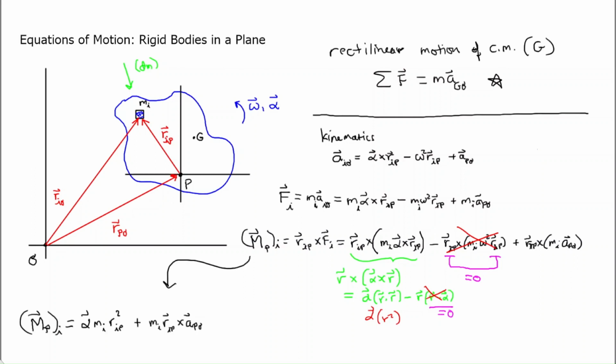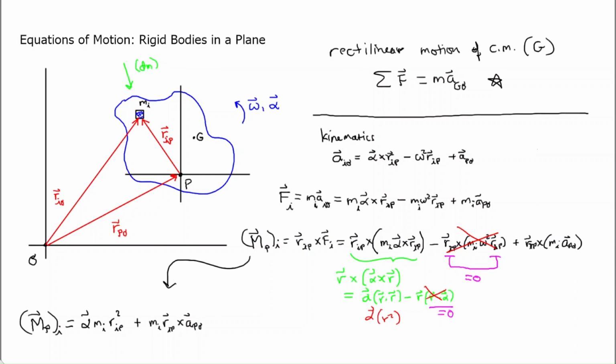So let's rewrite that now. Over here in the bottom left is the current state of affairs for our formula: the moment of all the forces acting at point i about P. We have alpha times m sub i r sub ip squared, plus m sub i r sub ip cross a sub po.